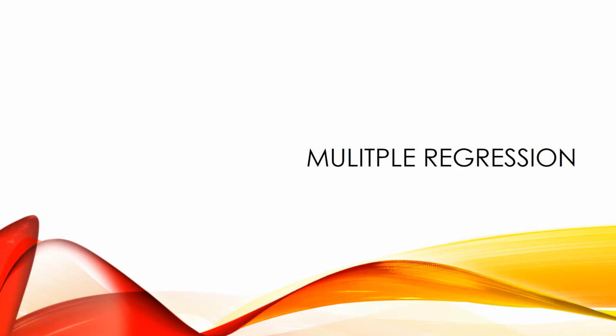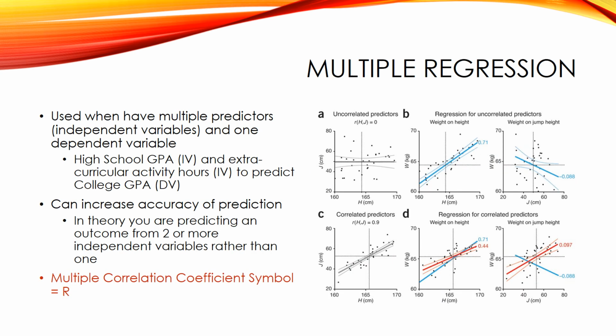You can also use what is known as multiple regression. Multiple regression now takes, instead of one dependent variable, all right, you're taking multiple variables. I'm sorry, independent variables. Instead of one independent variable, you're now adding in a second independent variable. So high school GPA was used to predict college GPA.